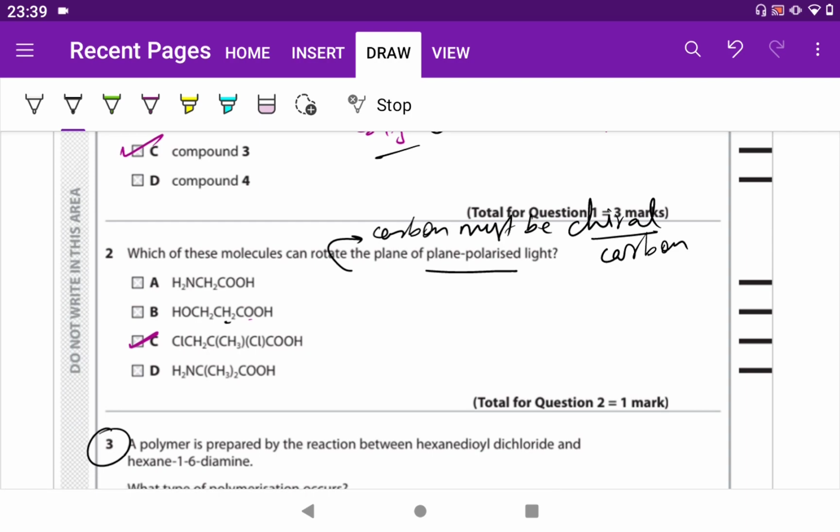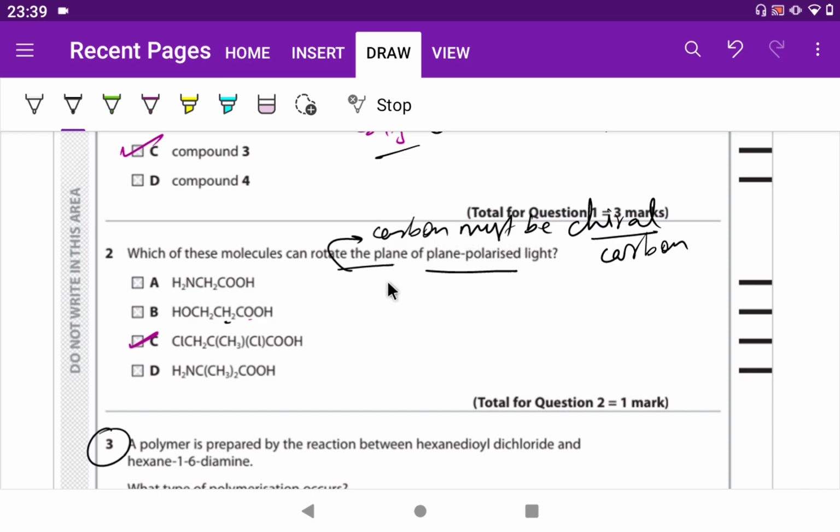Now the second question, which of these molecules can rotate the plane of plane polarized light? The plane of PPL, plane polarized light, means the carbon must be a chiral carbon.